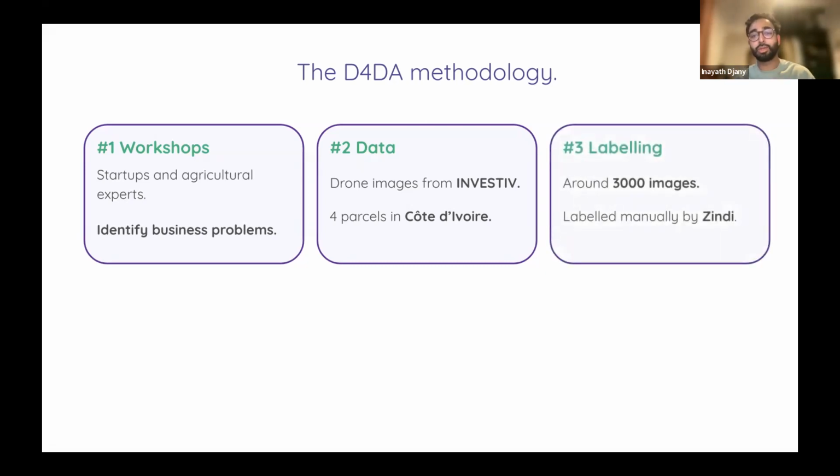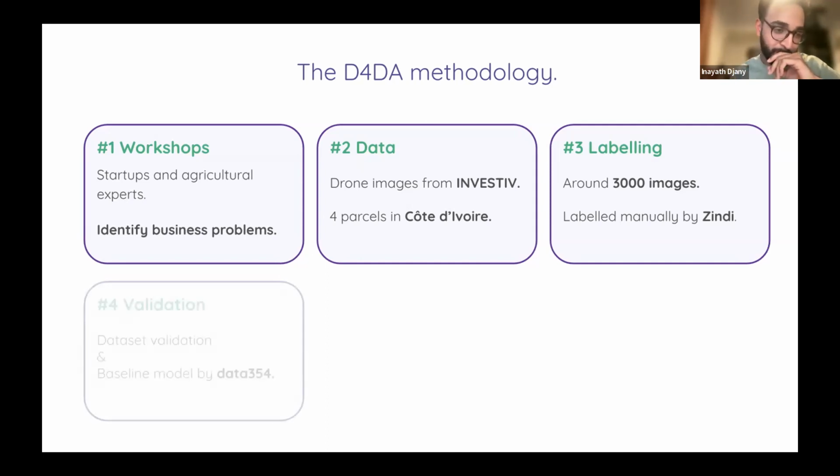And after the data collection, we had the labeling of this data. I told you there were 3,000 images on this hackathon. Then we had to label this data. So Zindi worked on this labeling, and they performed the labeling manually.